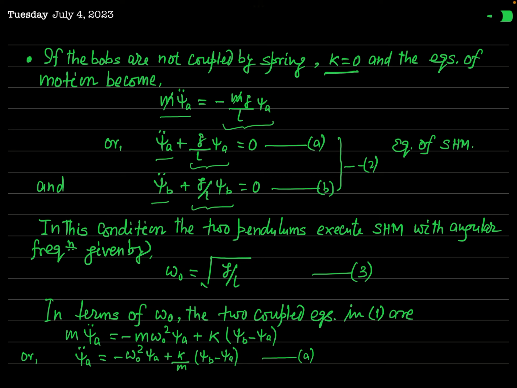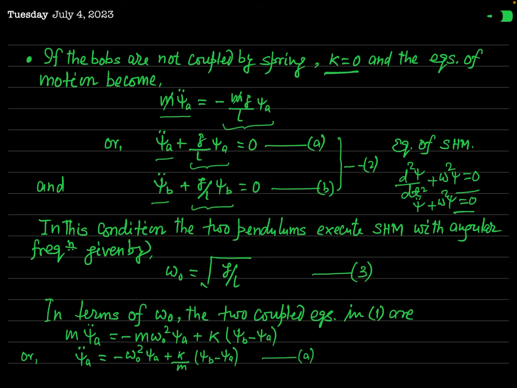These are simply the equations of simple harmonic motion, because you know the standard equation of SHM is d2 psi by dt square plus omega square psi equal to 0. This is the standard differential equation of simple harmonic motion, and d2 psi by dt square can be written as psi double dot plus omega square psi equal to 0.